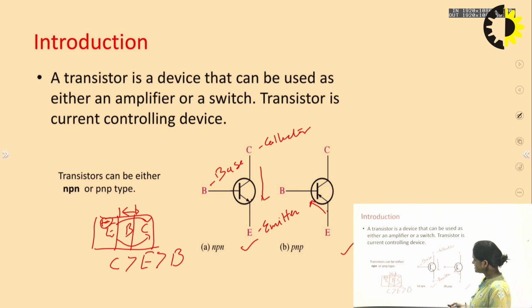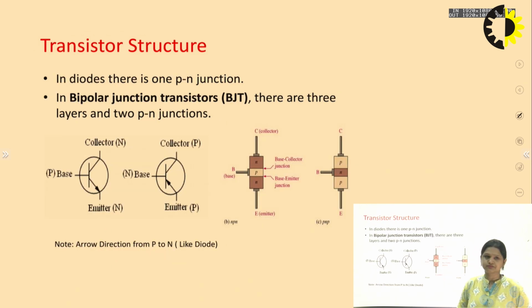So basically there are three terminals. In a transistor, two PN junctions are involved. From this diagram, one PN junction is formed with the P and N region, and the second PN junction is formed from the N and P region. This junction is known as the base emitter junction, and this junction, because it is connected with the collector terminal, is known as the base collector junction.